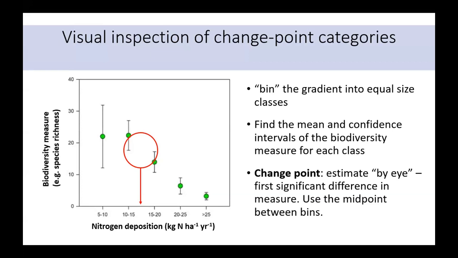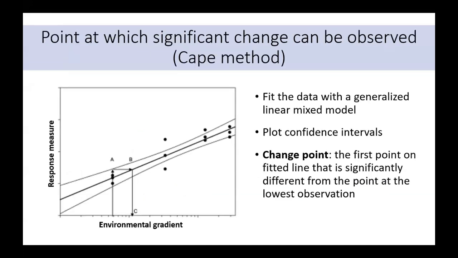That's our change point. Our second method in our paper, we called the point at which significant change can be observed, which is very long. So I'm just going to refer to it as the CAPE method. That's the last name of the author on the paper where we pulled this technique from. You're using a generalized linear model to describe the relationship between your environmental gradient and your response measure or your biodiversity measure.